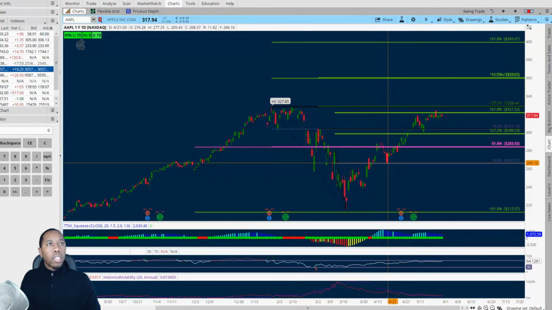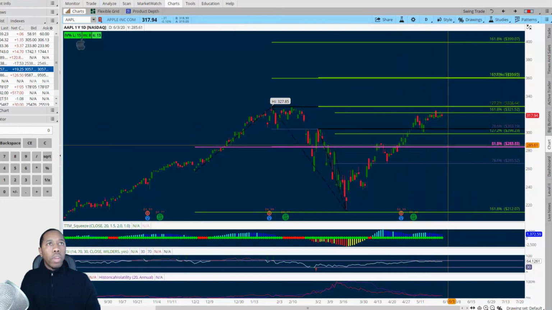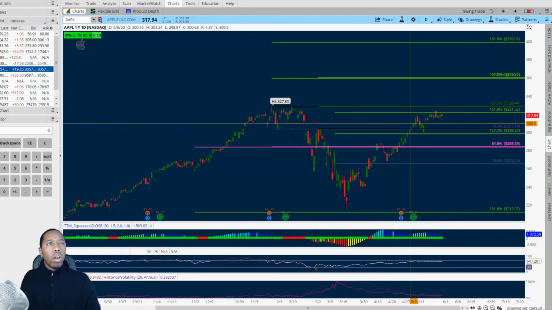So these levels are no longer significant. But this 786, this was a clean bounce, right? So I may decide to leave that on here because it is a key level. Obviously, price did behave towards it. Although I got the 618 here to be the next floor level if price should come down. But then up here, you see that we have price.